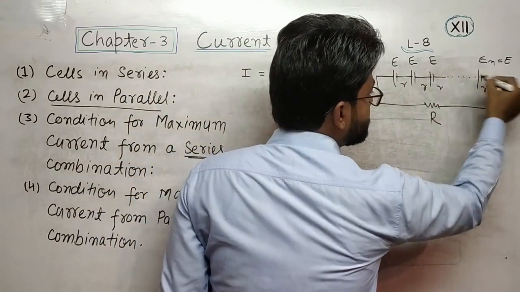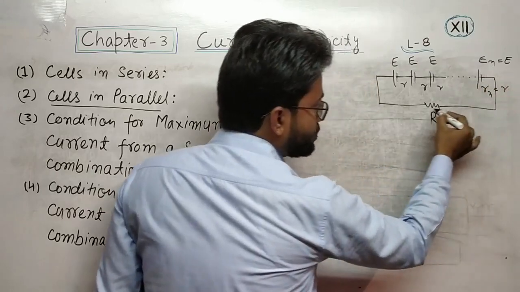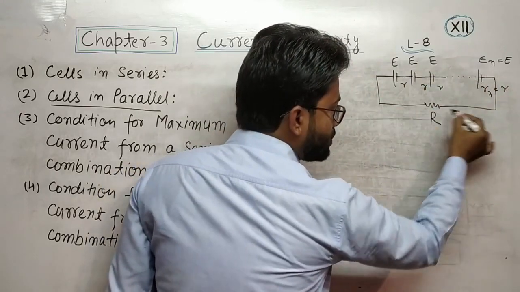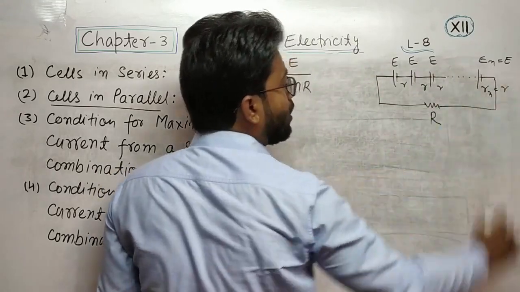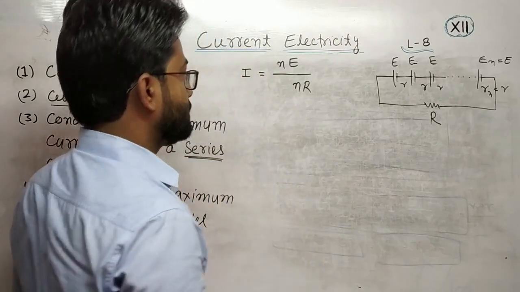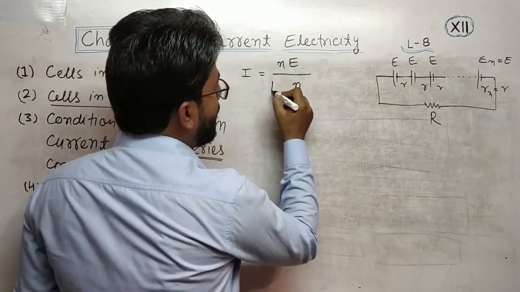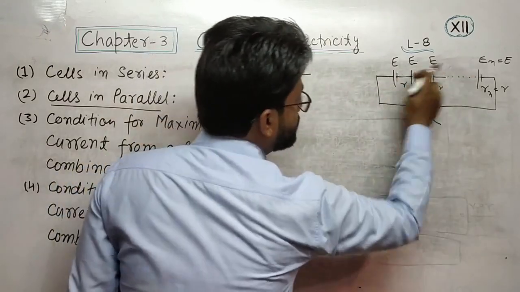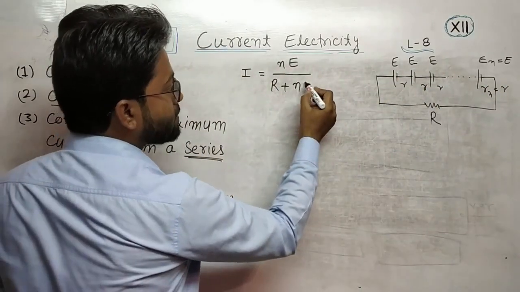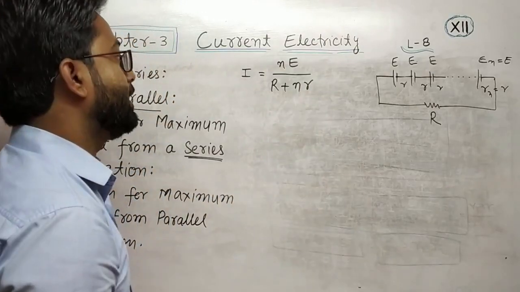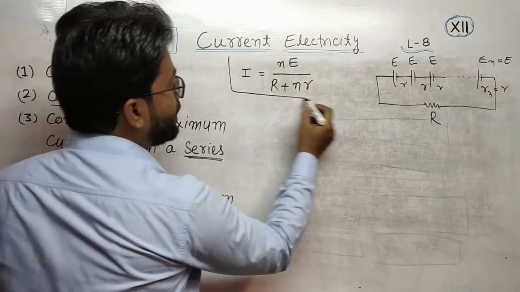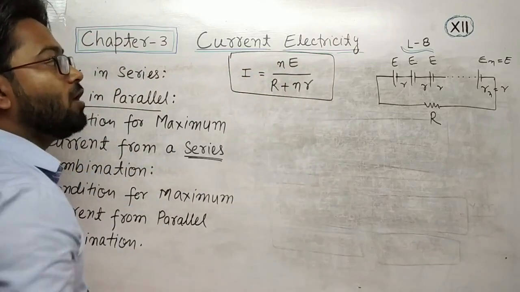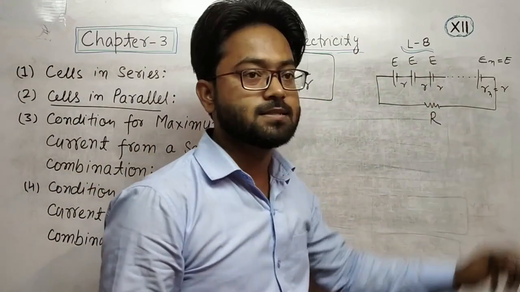These resistances are in series, and the external resistance is also in series with all the internal resistances. Then we can write R plus the total internal resistance, or equivalent internal resistance, equal to nr. This is the current drawn from all the cells.